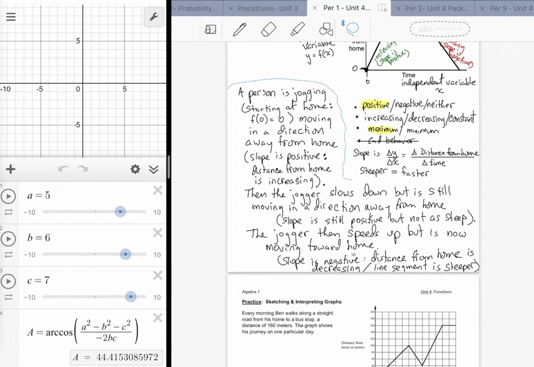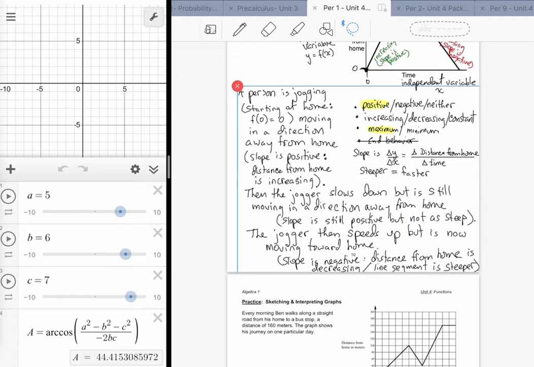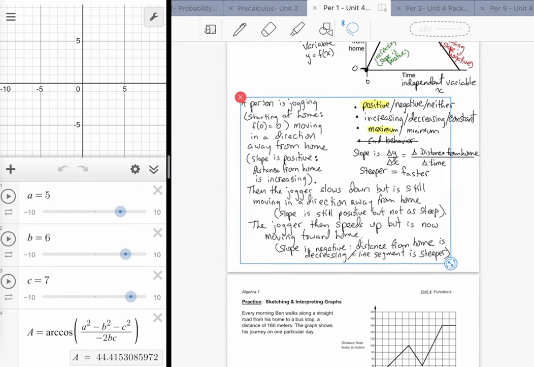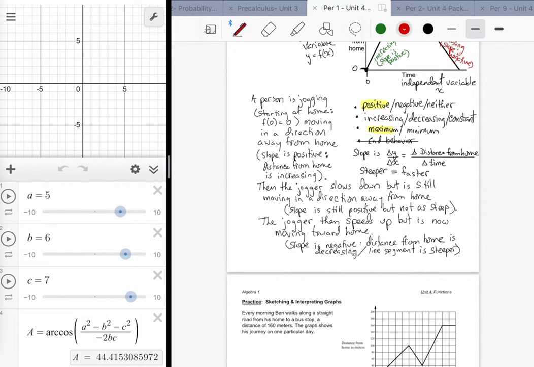Then the one last thing we have to incorporate here is the fact that the individual actually got home. So the jogger then arrives at home sometime later. We'll call that time n, because that's the value we've been using this whole time. So I'm just going to pop a little n on the graph here, because we can't just say it was 20 minutes later.